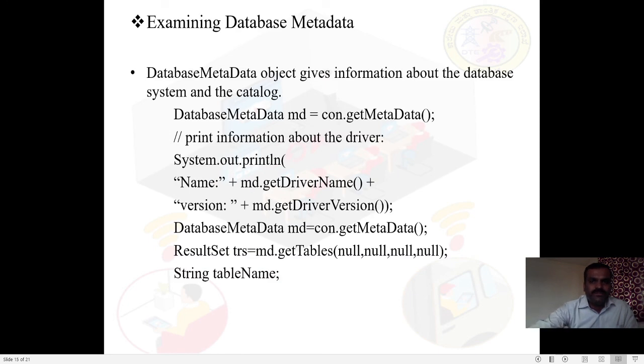Then examining database metadata. We can use the DatabaseMetaData object to obtain information about the database system and the catalog. For example, the following code fragment shows how to obtain the name and driver version of the JDBC driver.